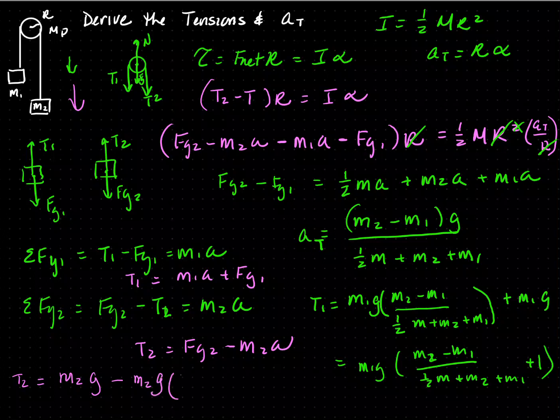So this is going to be m2 minus m1 over 1/2 m plus m2 plus m1. And if I factor m2g out, this is going to be 1 minus m2 minus m1 over 1/2 m plus m2 plus m1.